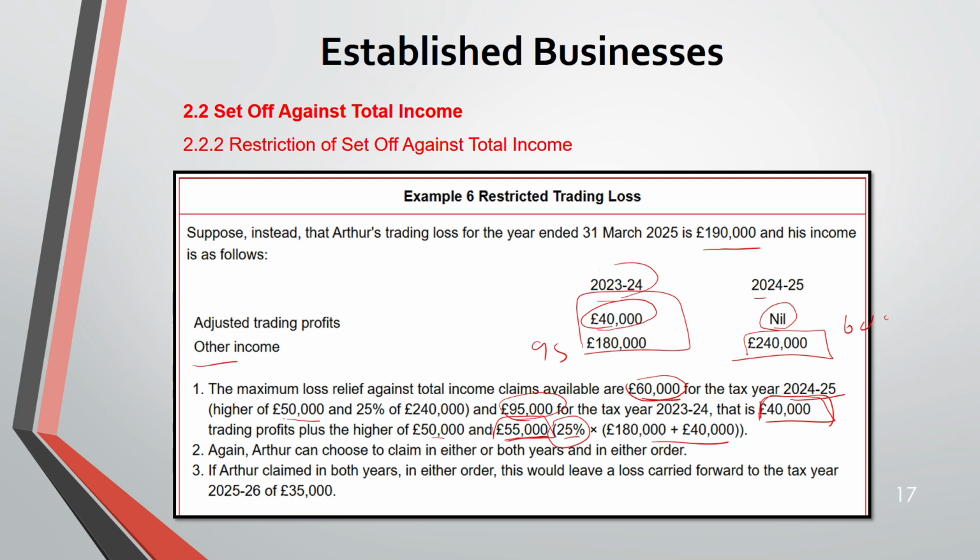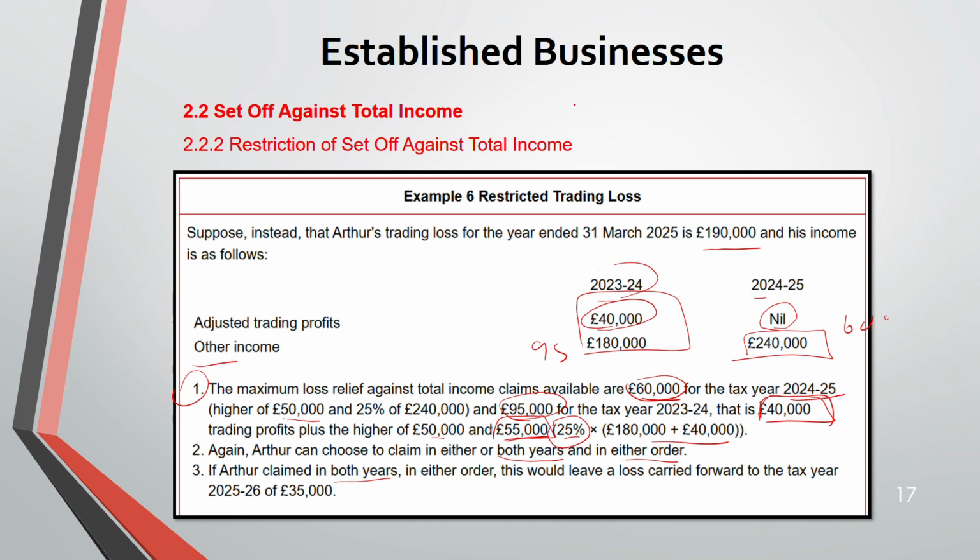Second, it is based on the first. Now second option. So he can choose to claim either in both years or in either order, in any order. First previous, then current, or first current, then previous. Or neither at all and carry the entire thing forward. That also he can do. If he claimed in both the years, imagine if he claimed both the years. What is the total loss? 190.